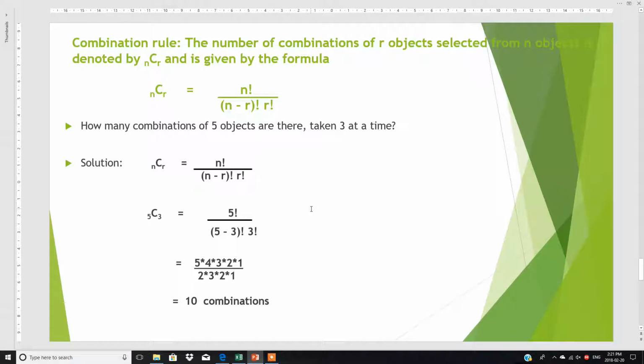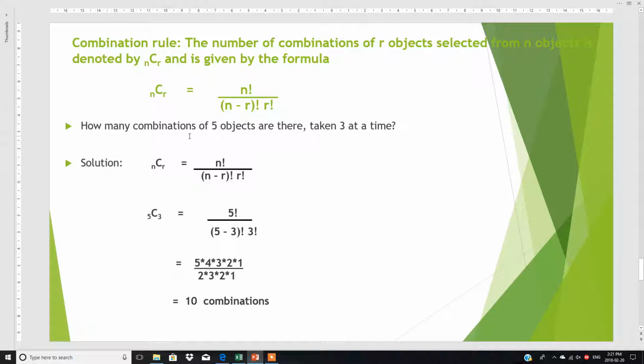You have to multiply all the numbers starting from 1 to the number. If I say 5 factorial, from 1 2 3 4 5 you multiply all the numbers. If I say 6 factorial, starting from 1 2 3 4 5 6, including that number, you multiply. This is called the factorial. So in combinations we use the factorial.